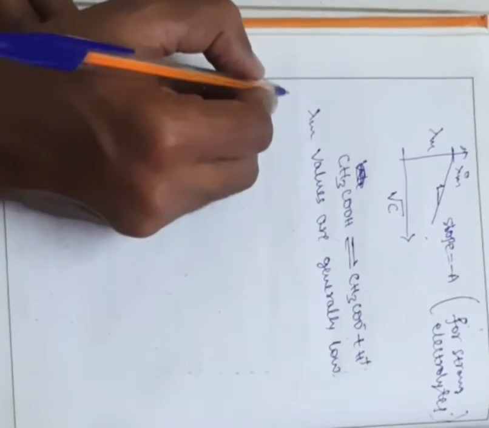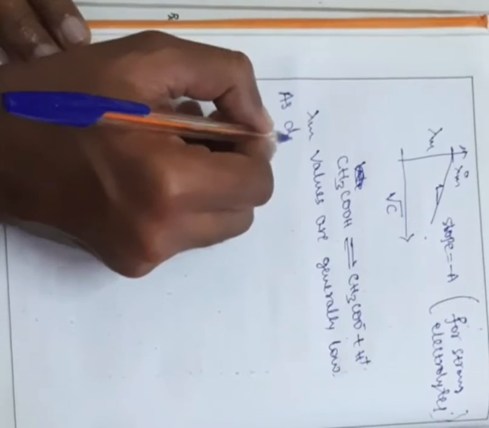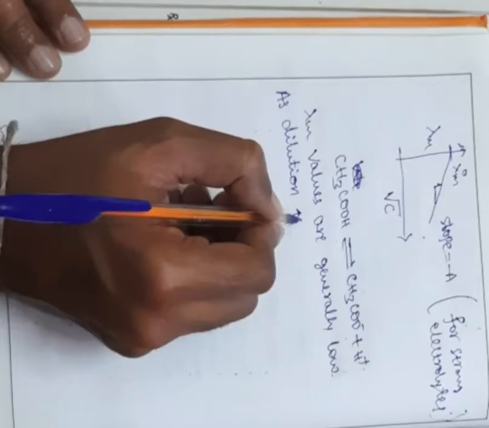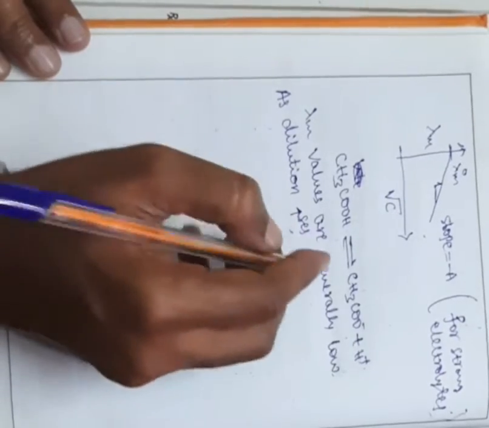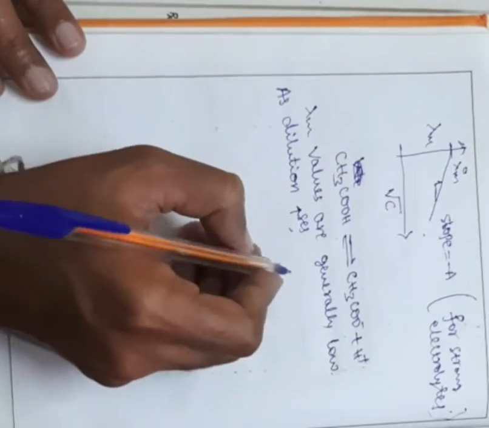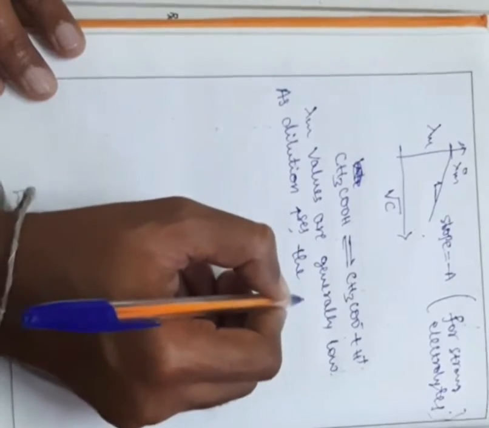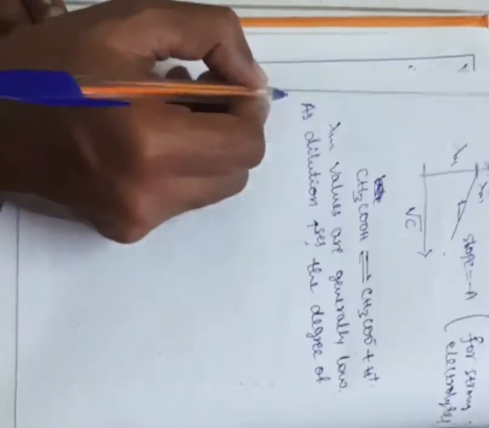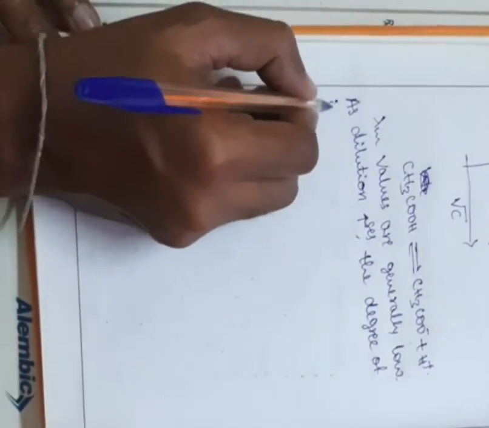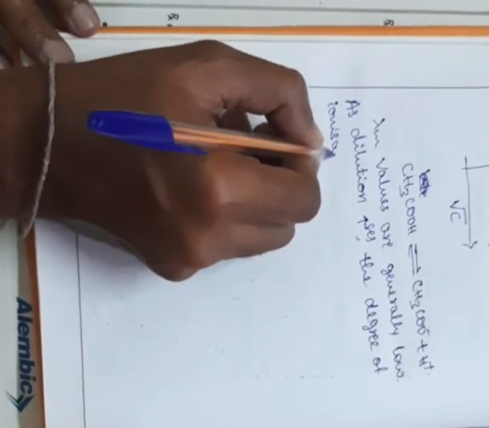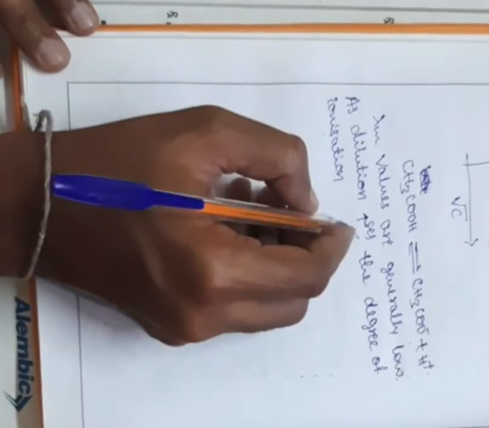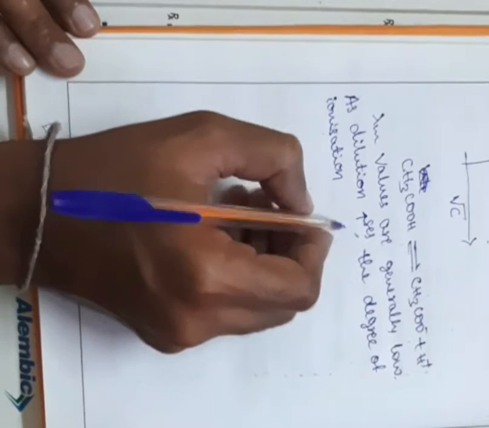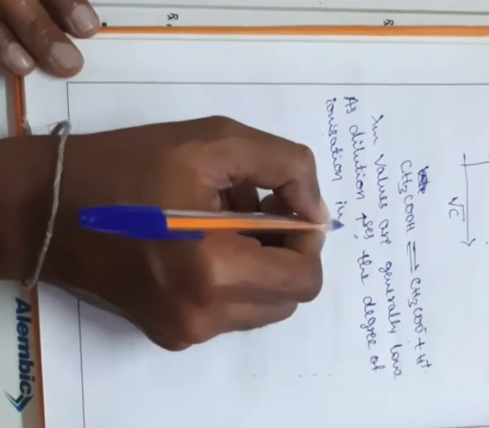But as dilution increases, what happens? As dilution increases, the degree of ionization increases.